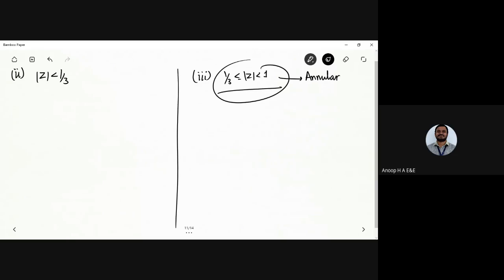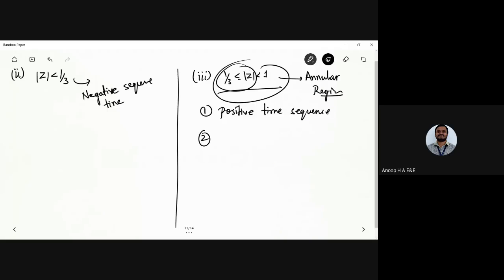Next, here you will have the negative time sequence. Both the signals will have a negative time sequence, and in this one you will have one positive sequence. One is the positive time sequence, and the second one will be the negative time sequence.